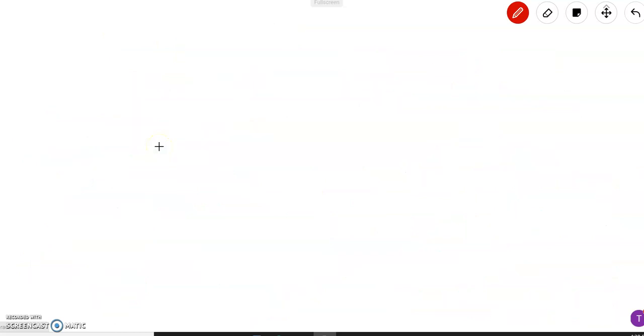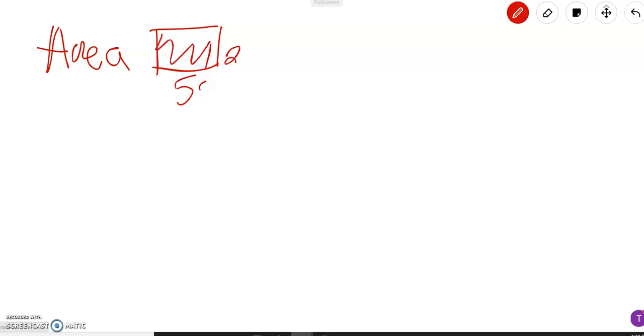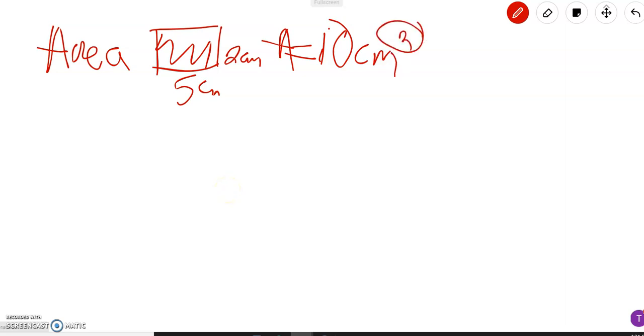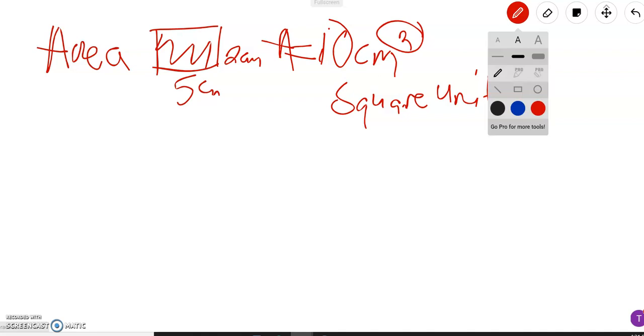Well, just like area, let's move on. With area, we call things square units, right? 5 by 2 centimeters, and the area equals 10 centimeters squared. So they are square units. Well, volume goes one step further.